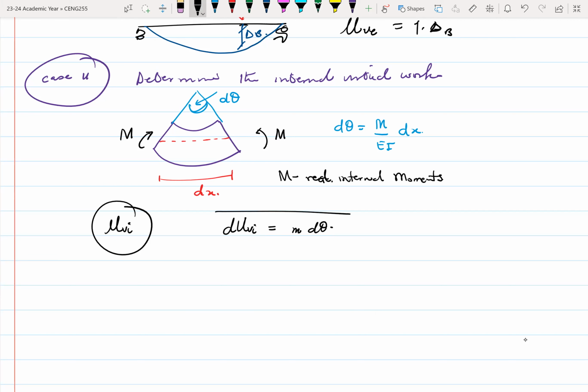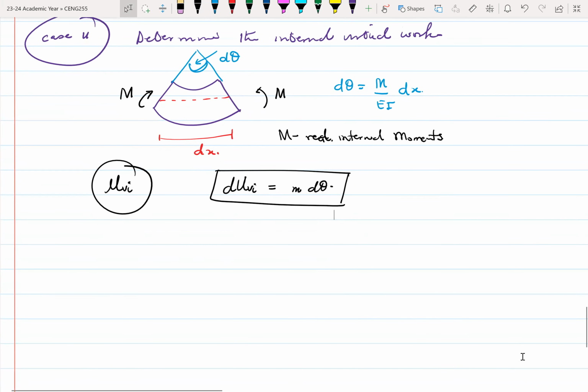I think that we looked at that at the beginning. All right. So for us to find the total internal virtual work done, it means that U_VI will be equal to the integral of m d theta, where here the small letter m is the virtual internal moment.